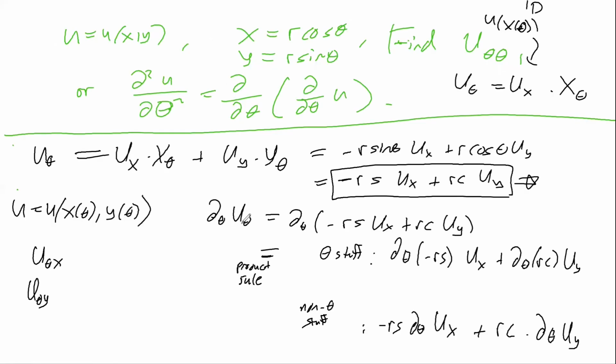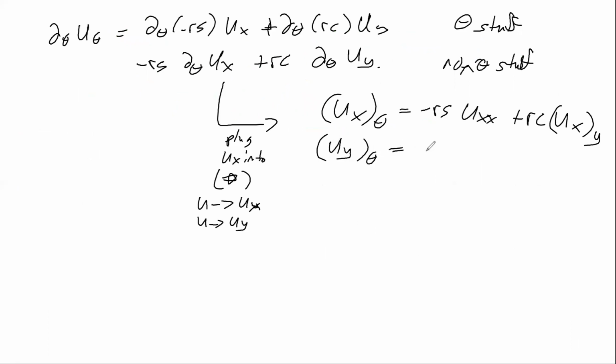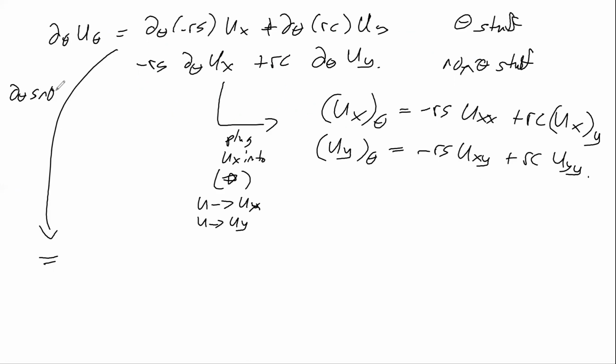Okay, so let's just recopy that formula down. So if I do ux theta, I should get something like minus rs uxx plus rc uxy, because all I literally did was just replace u with ux. And we do the same thing with uy, and we get these things. So now we just plug these all back in. And of course, the theta derivative of sine is just cosine.